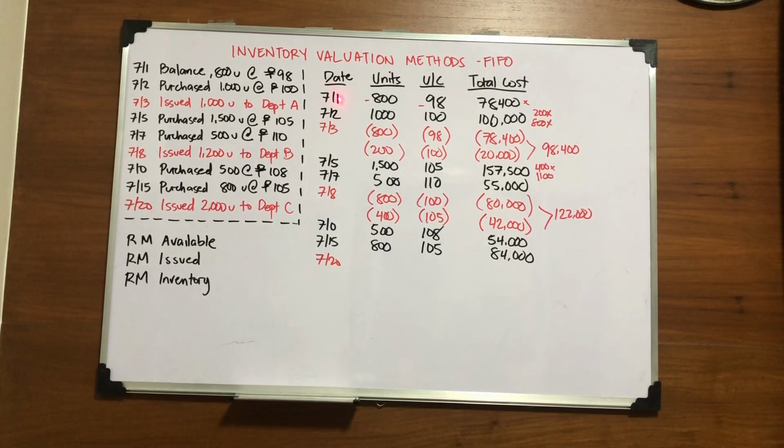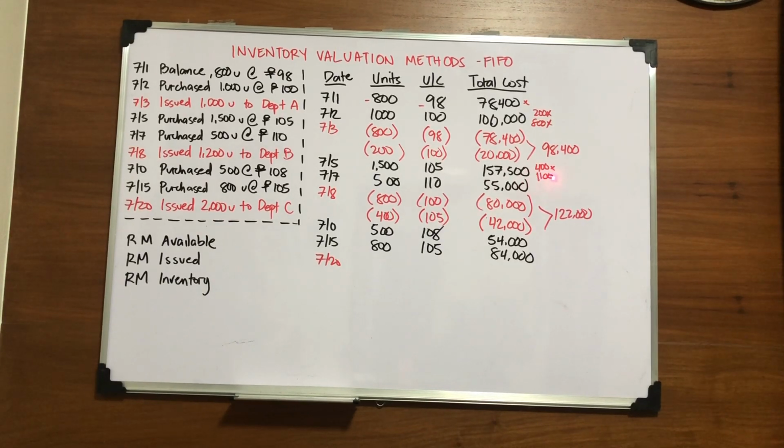The July 1 and July 2 transactions are already emptied out. For your July 5 purchase, you have only consumed 400 units, meaning there are still 1,100 units available for production. So we would get this.